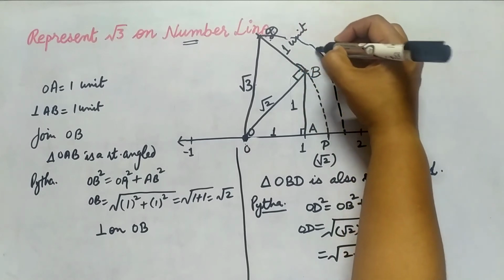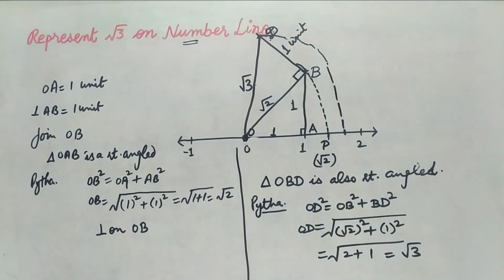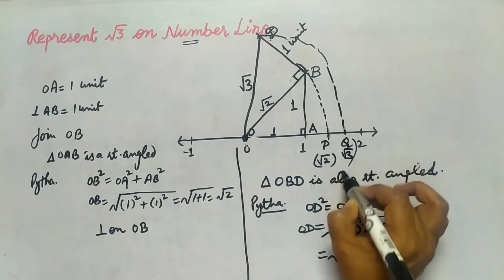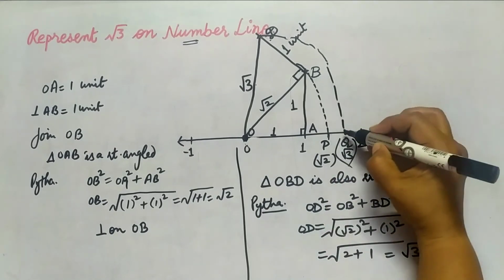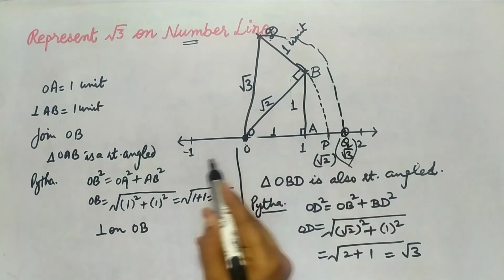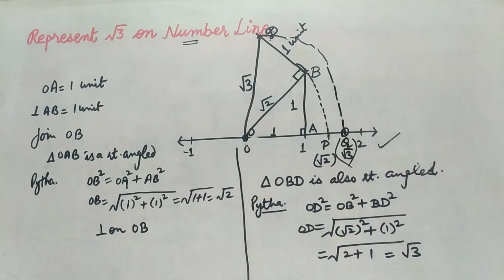This is the arc that will give the point Q as under root 3, this point. In this way, we can easily represent under root 2 and under root 3 on the given number line like this. So it is quite an easy topic.